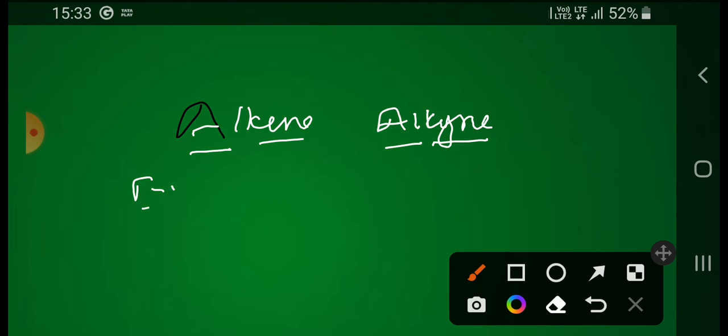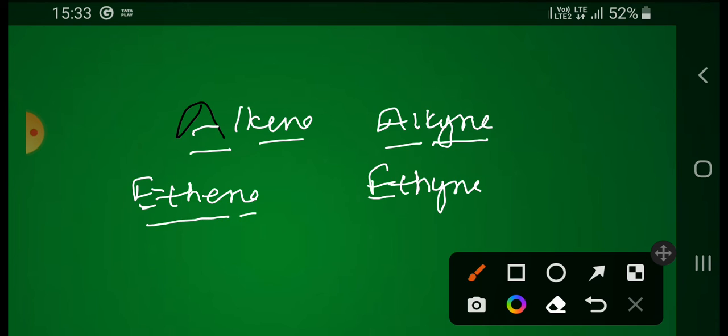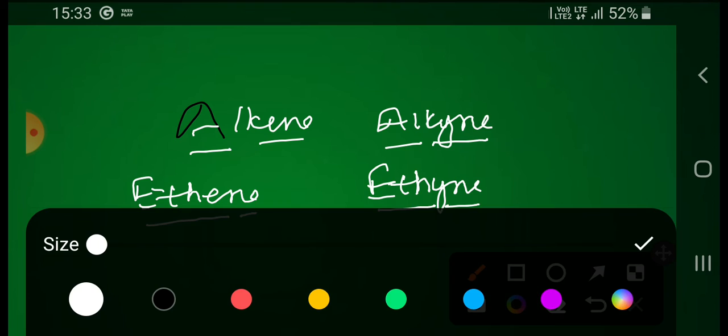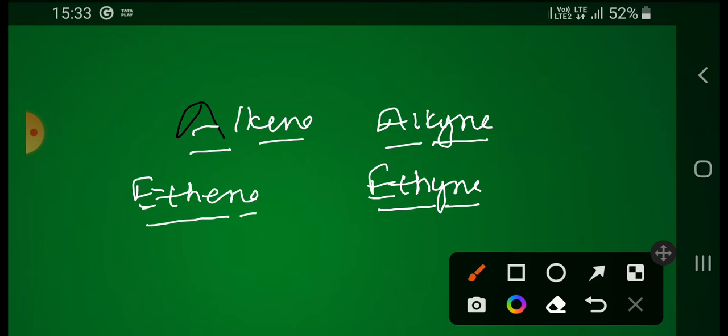So if we write ethene, and in case of alkyne it is ethyne. We don't know the structural formula, we don't know the molecular formula. What we know is that ene represents a double bond and yne represents a triple bond.